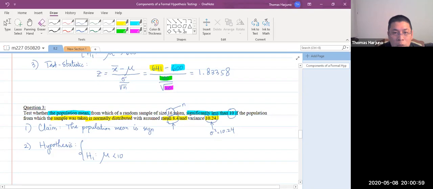They're missing the word is. So these are alternate hypotheses. From the claim, we get the alternate hypothesis in this case: less than 10 without the equal sign. So the null hypothesis is greater than or equal to 10.